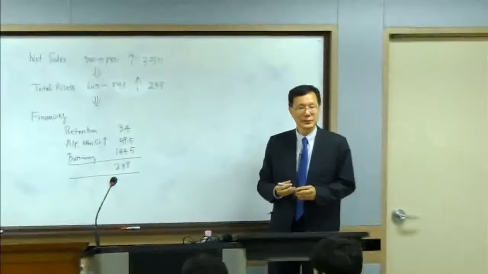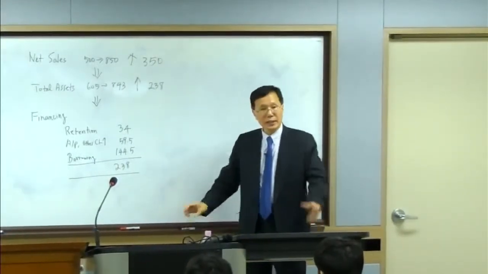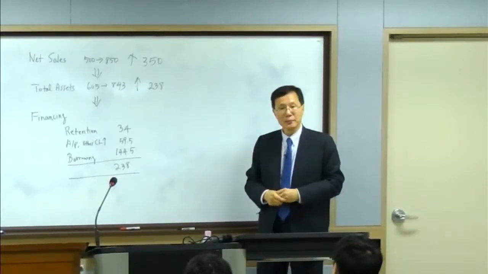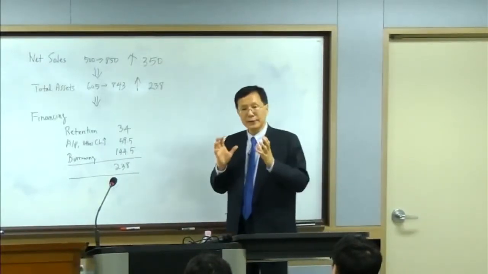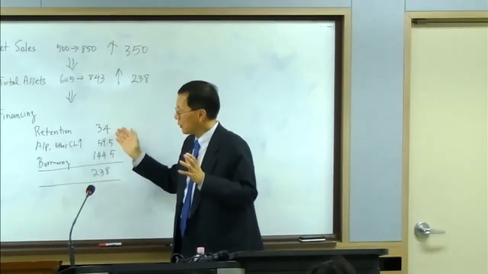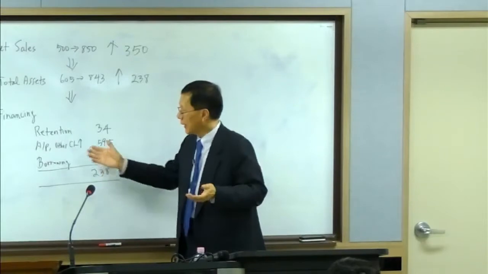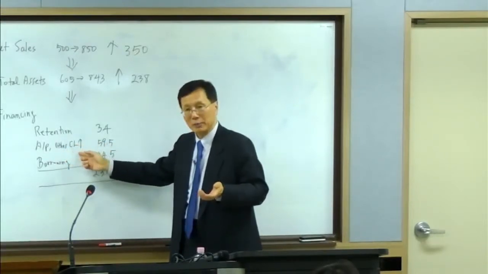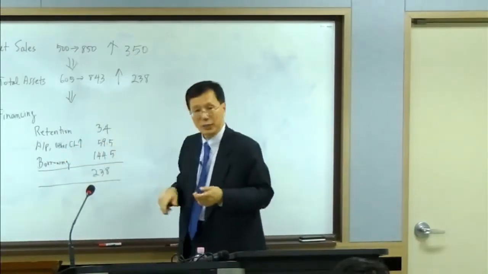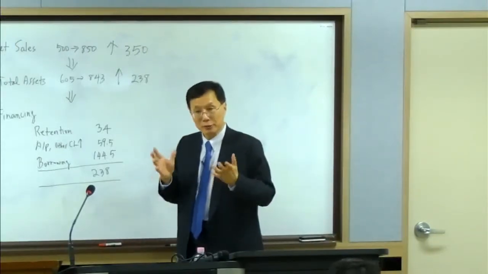You see it? 238 investments are needed, and to finance the investments, the company used earnings retention of 34, and accounts payable and other current liabilities increased by 59.5, and borrowing of 144.9.